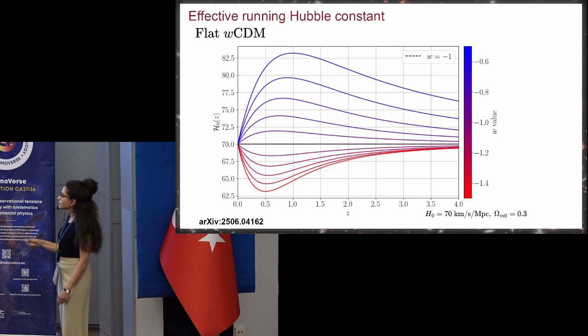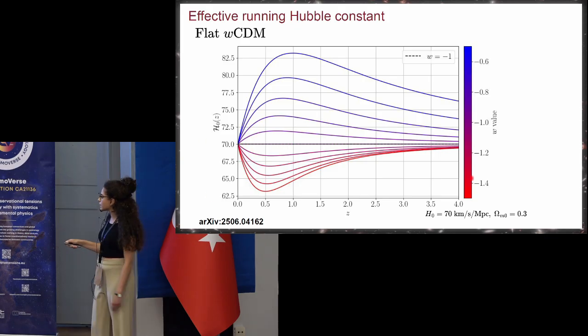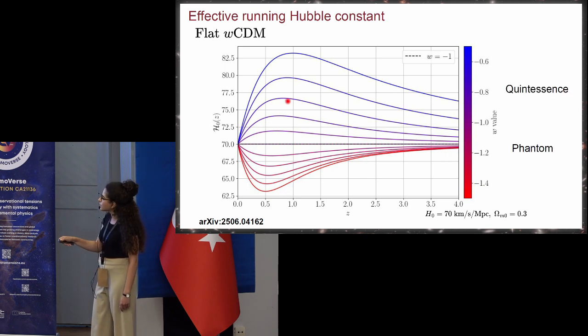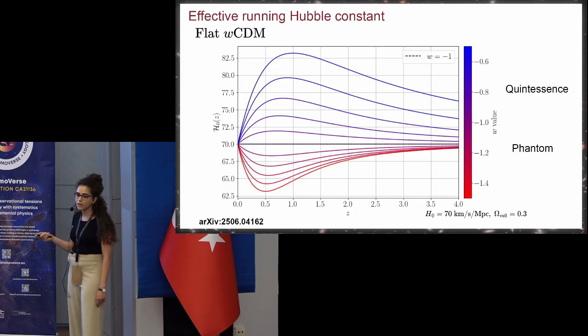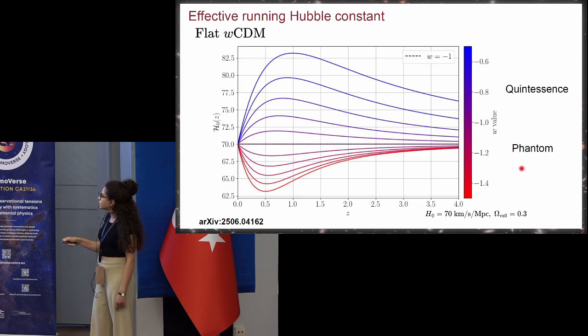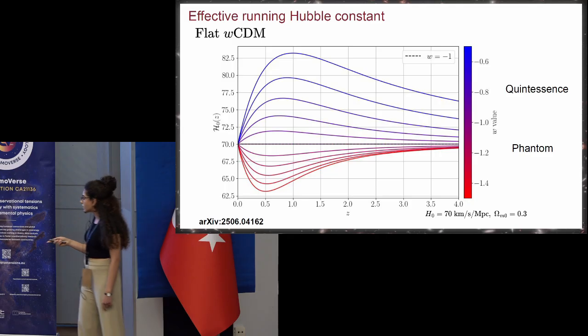If we plot this function fixing H0 and omega matter, and consider different values of W, we see that in the blue shapes, the function has a positive slope. It indicates a quintessence dark energy, whereas in the red shapes, we have the phantom dark energy. So in this sense, this function is able to discriminate in principle between these two natures.